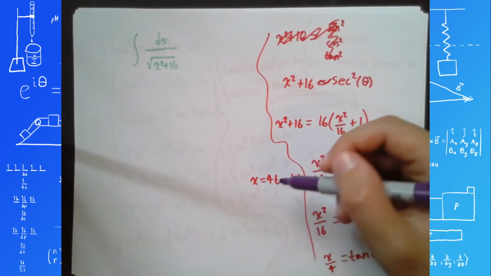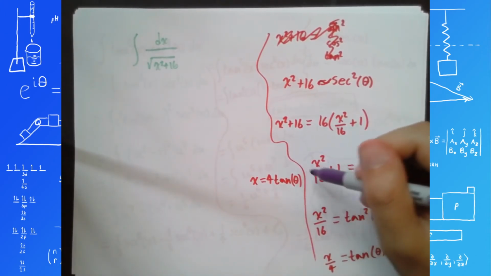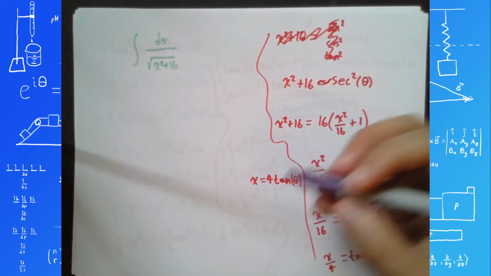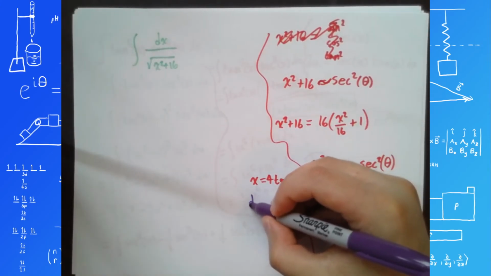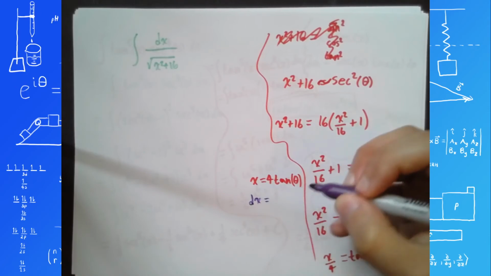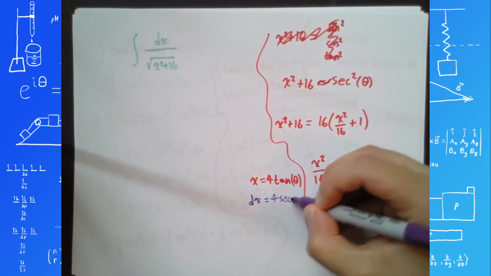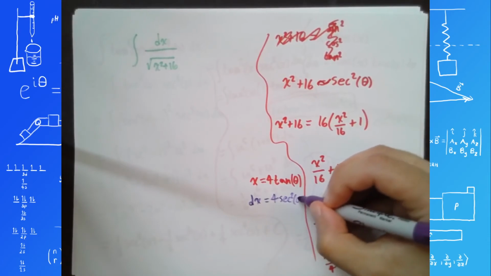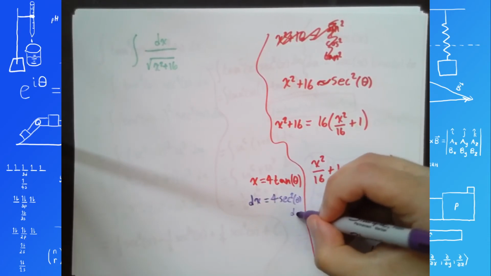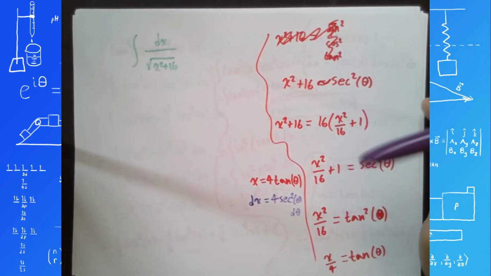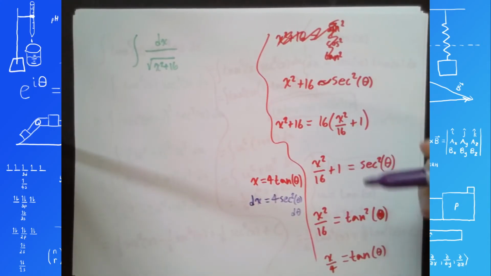In this case, x is some function of, well, it's not u, but it's theta. So it's kind of a reversal of that situation. So now our dx is equal to 4 times the derivative of tangent, which is secant squared theta d theta. And that should take care of it.